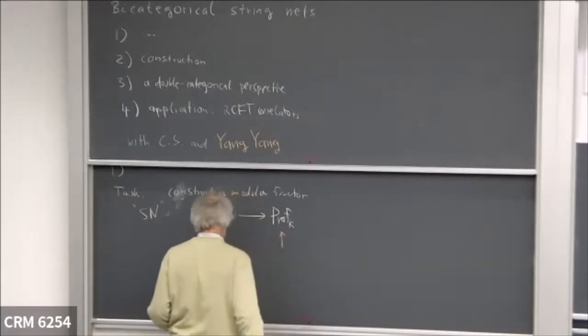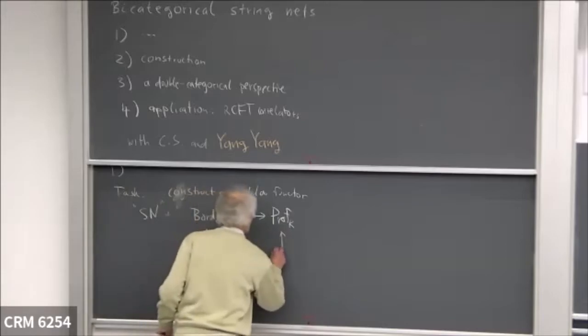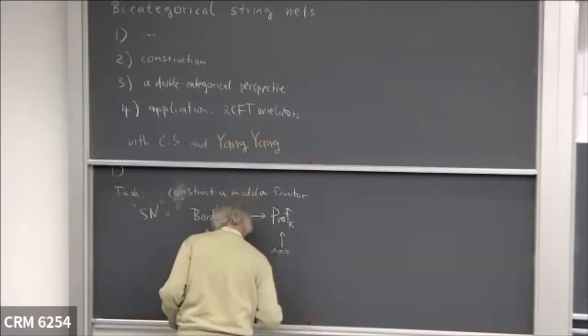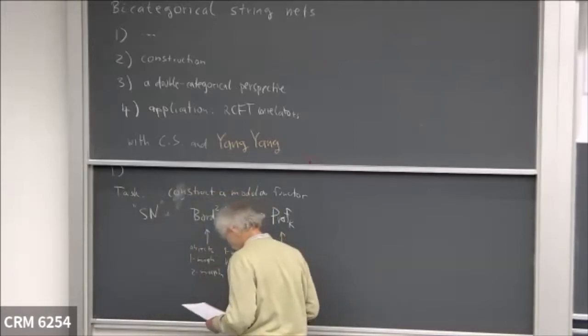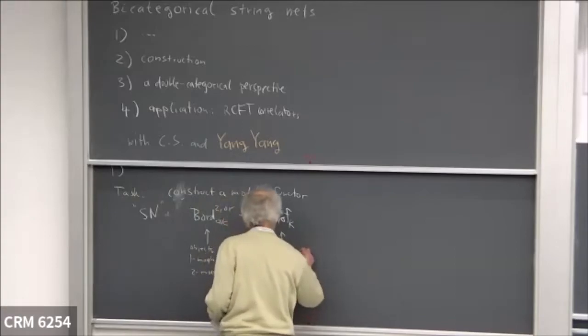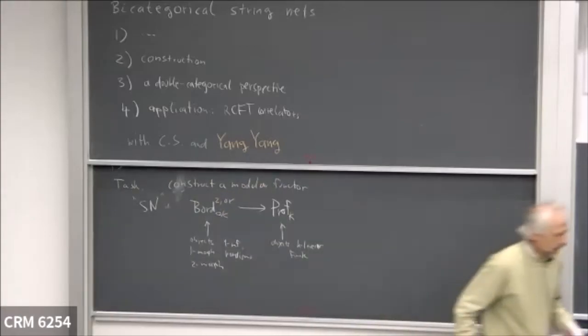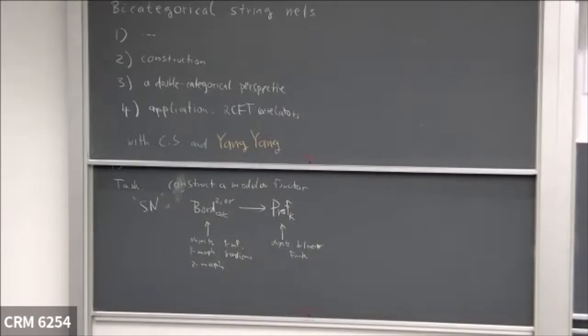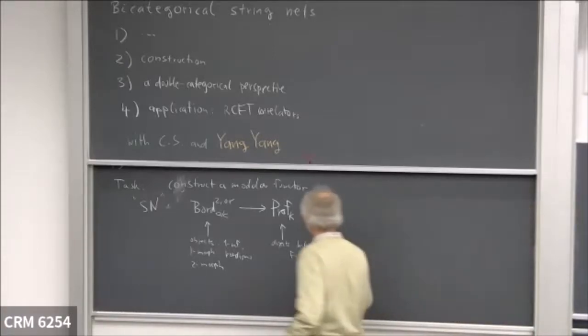And on this side, the objects are K-linear finite tensor categories, and the morphisms, finite abelian categories, and the morphisms will be as follows.